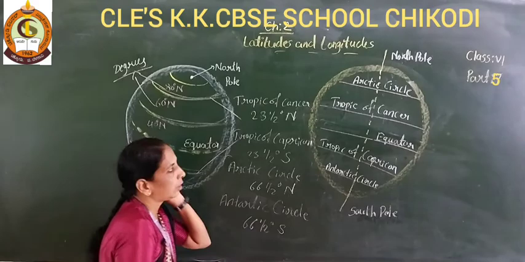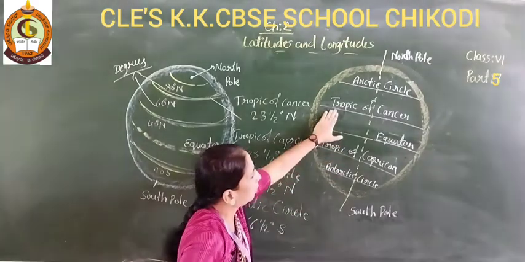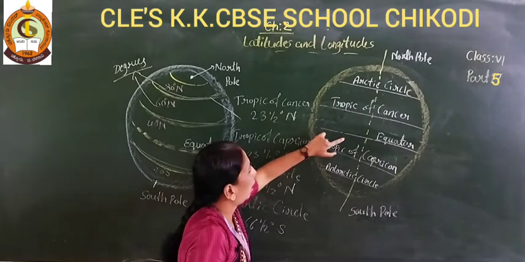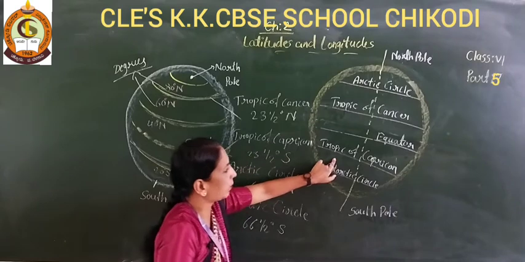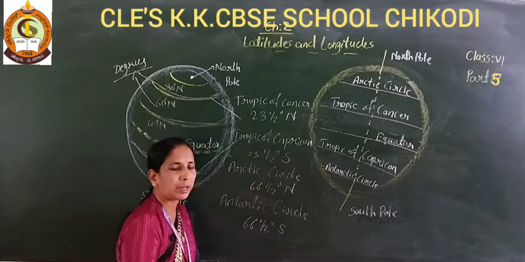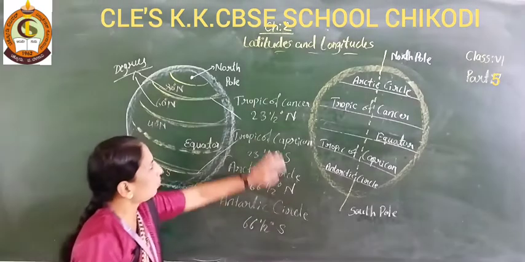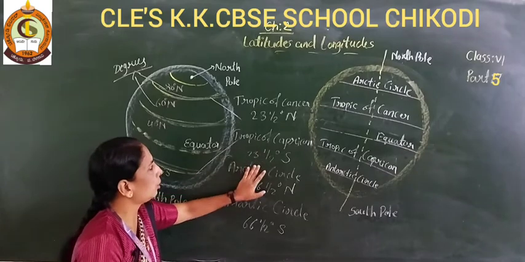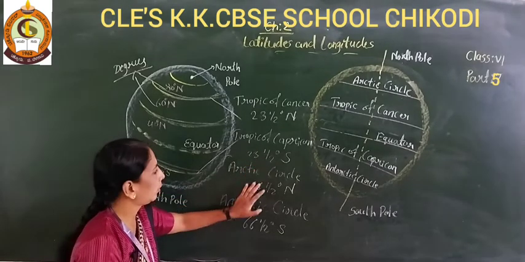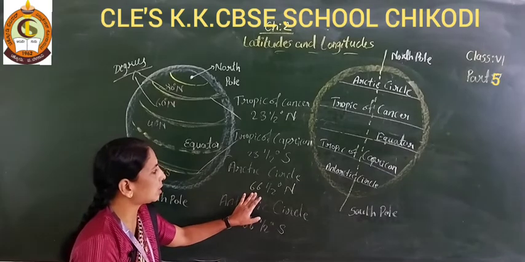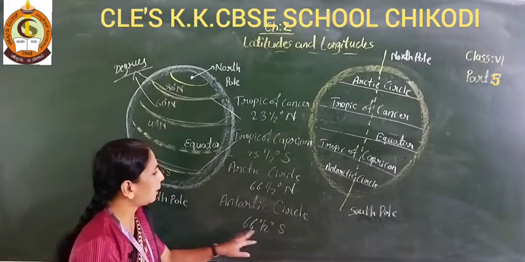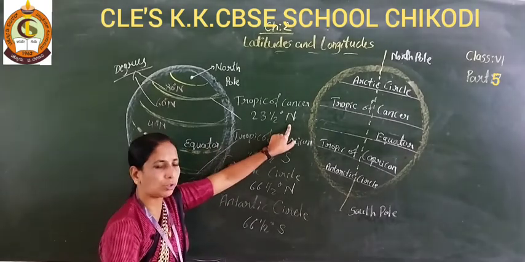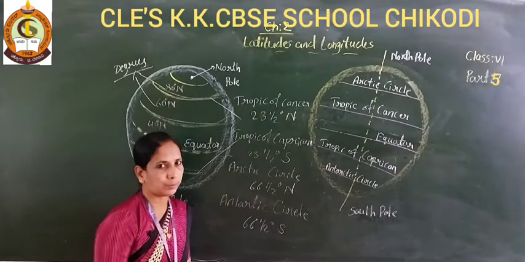Above the equator are the Arctic Circle and Tropic of Cancer, and below the equator are the Tropic of Capricorn and Antarctic Circle. The Tropic of Cancer is 23.5 degree north, the Tropic of Capricorn 23.5 degree south, the Arctic Circle 66.5 degree north, and the Antarctic Circle 66.5 degree south. N indicates north, and S indicates south.